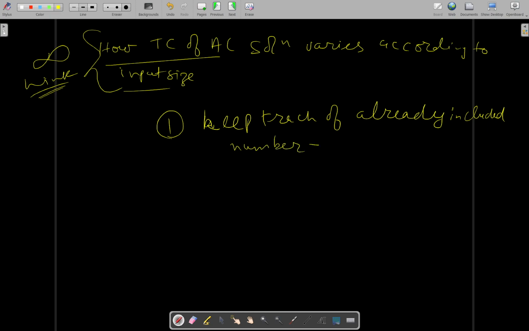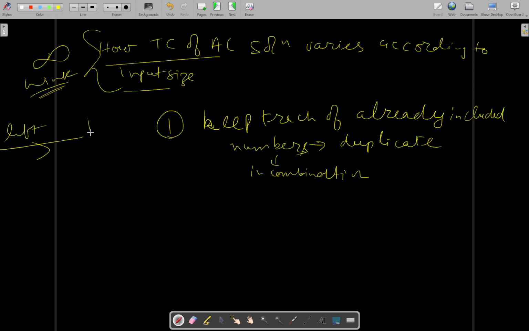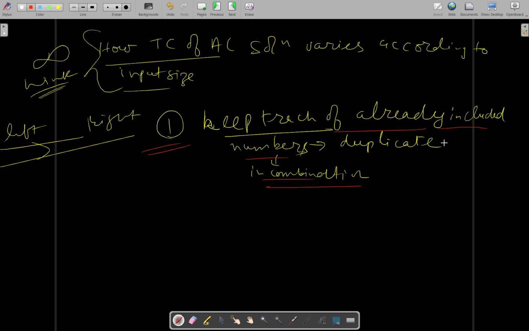Since duplicates are not allowed, we will be forming combinations in this direction, left to right, and keeping track of already included numbers in the combination. Duplicates are not allowed. So this is one thing.